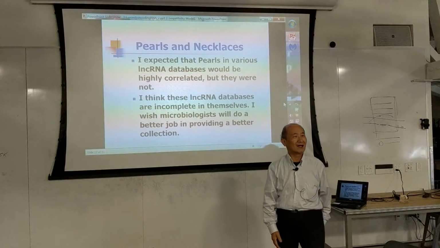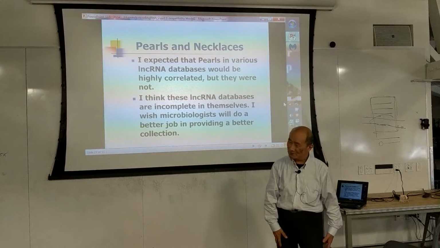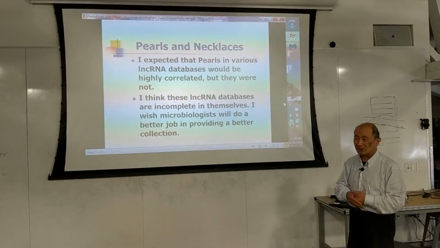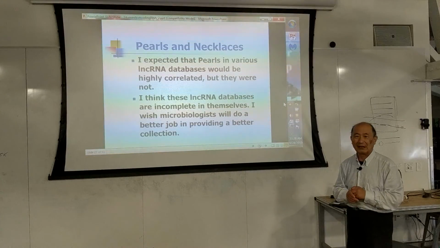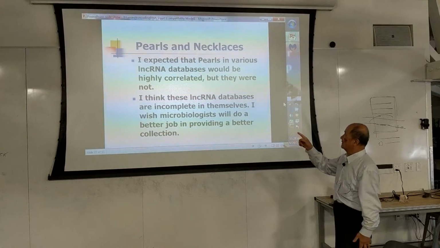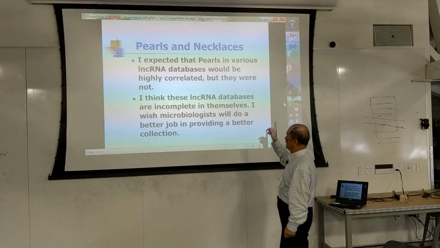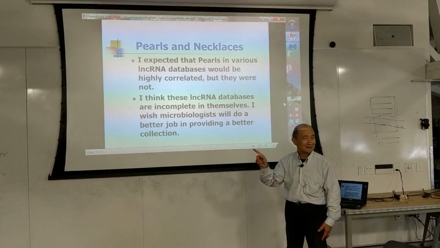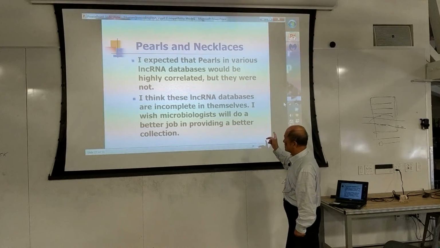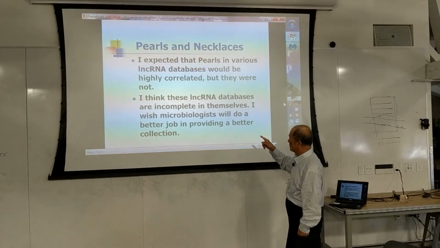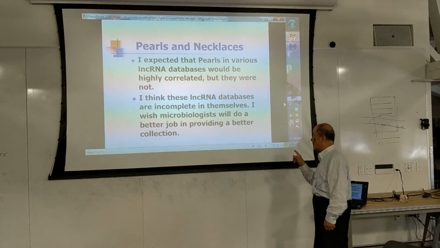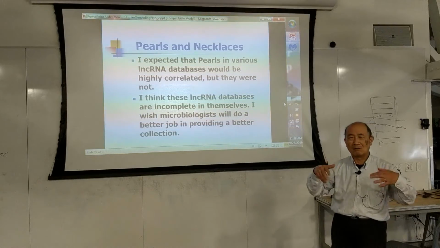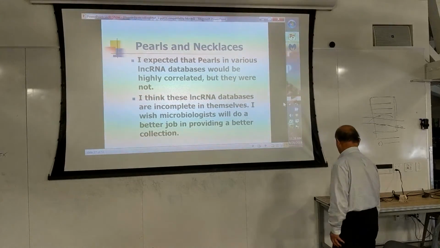If they are all there, the databases should be correlated, but they are not. I think these long non-coding RNA databases are incomplete, or they are collected wrong in themselves. I wish microbiologists would do a better job in providing a better collection, so we can see more clearly what kind of information we can collect, at least in human beings.